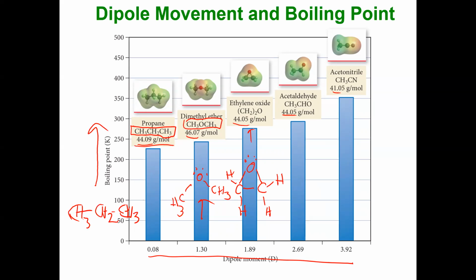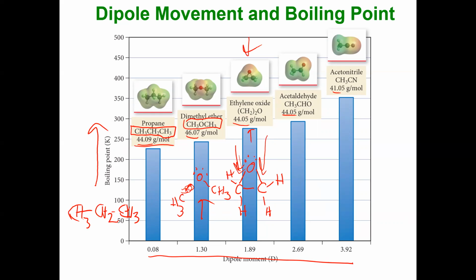Well, it still exhibits dipole-dipole, and if you look at it, the polar bond is right there. But the fact that it's a fixed cyclic structure means that it's easier to stack. Because remember, single bonds can rotate. So because this is a more rigid structure, there's more surface to surface area contact. More points of contact means stronger intermolecular forces.